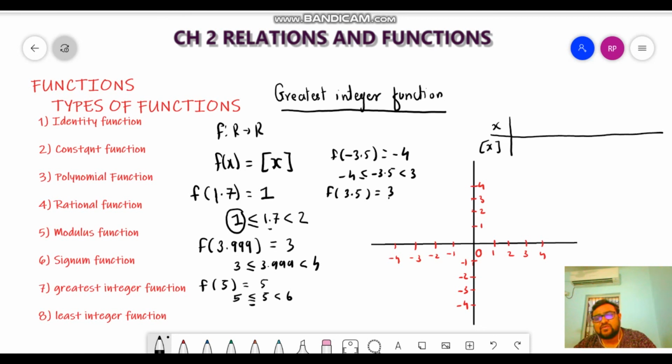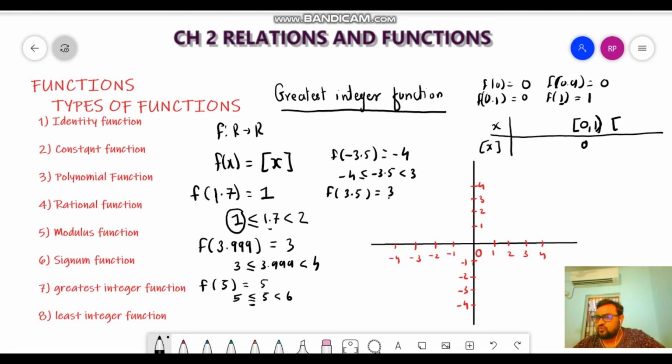So now here I will take the interval from 0 to 1, closed at 0, open at 1, because f of 0 will be equal to 0, f of 0.1 will be 0, f of 0.9 will be 0, but f of 1, if I am taking an integer, then it will be the integer itself, right? So I am not including 1, but for the numbers between 0 and 1, the answer is 0.